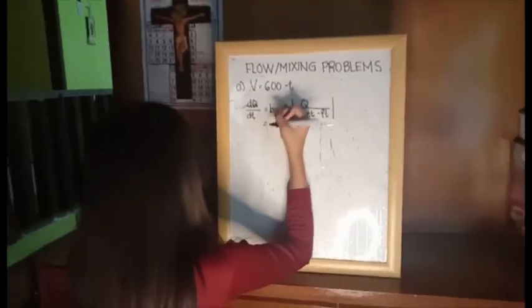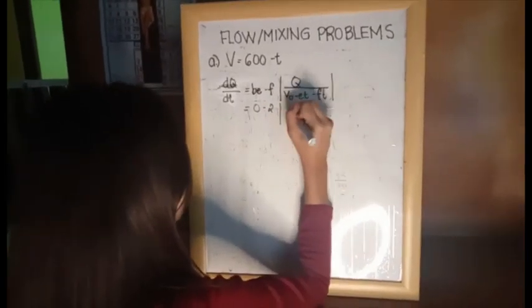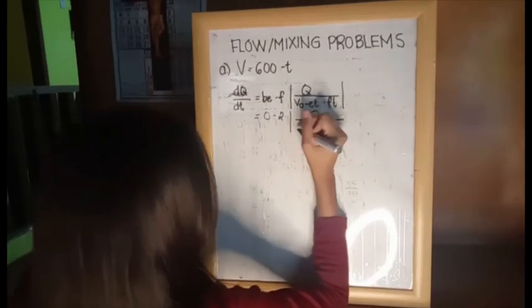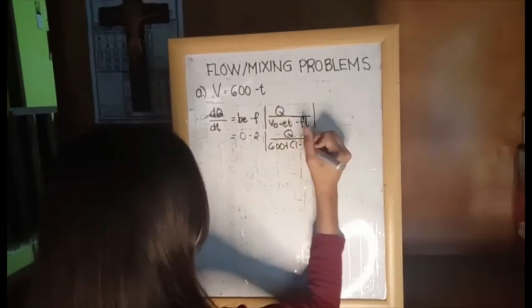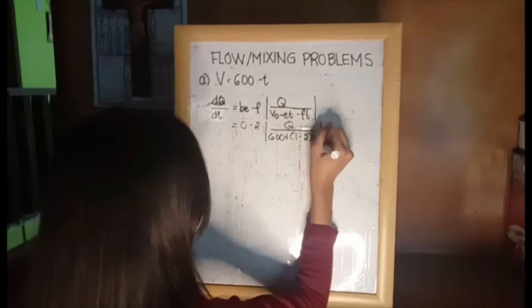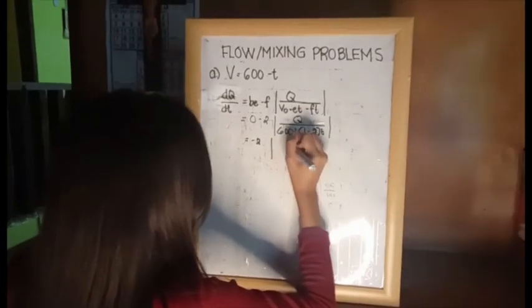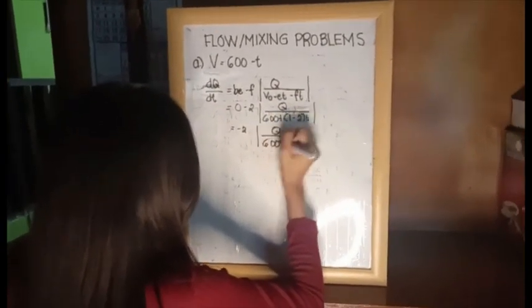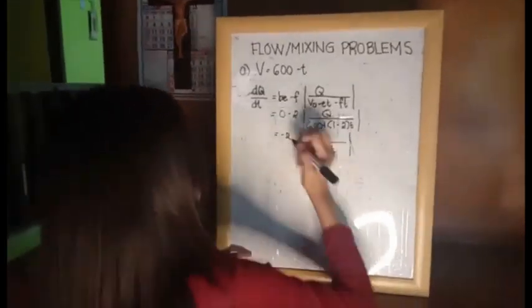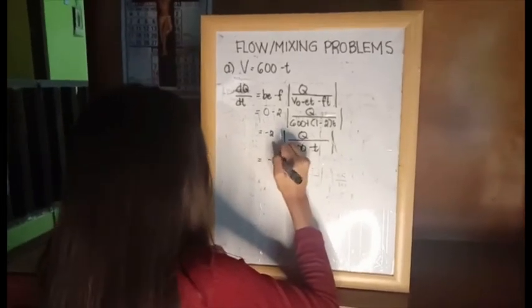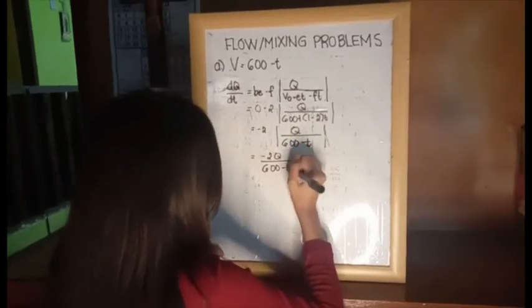So it equals 0 minus 2 times Q over our V₀, which is 600, plus 1 minus 2t, which equals negative 2Q over 600 minus t.